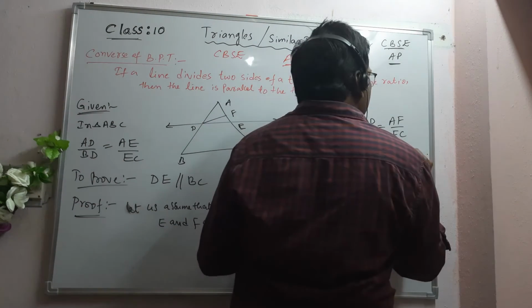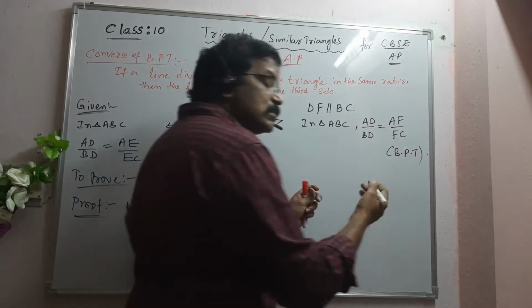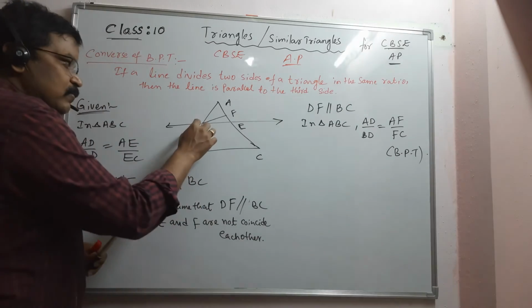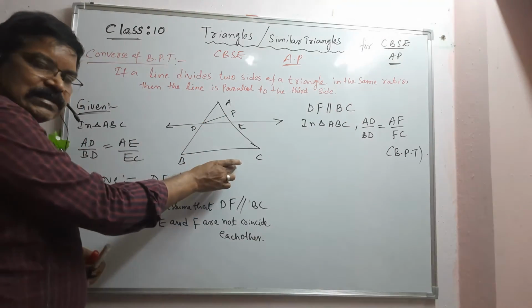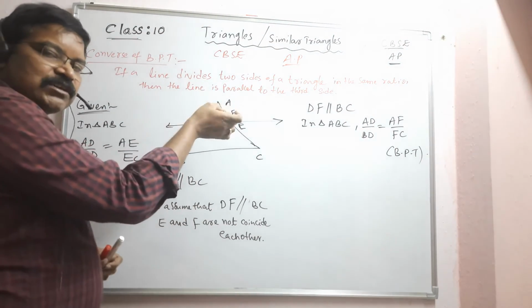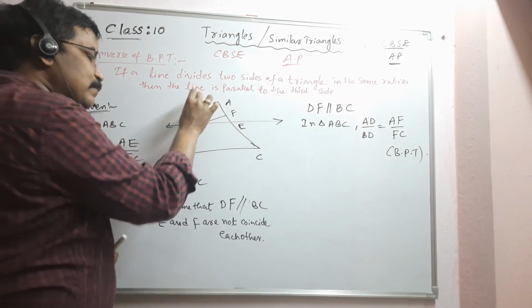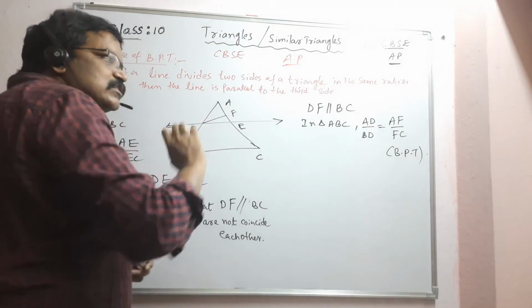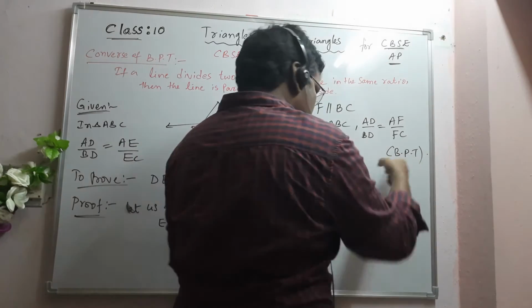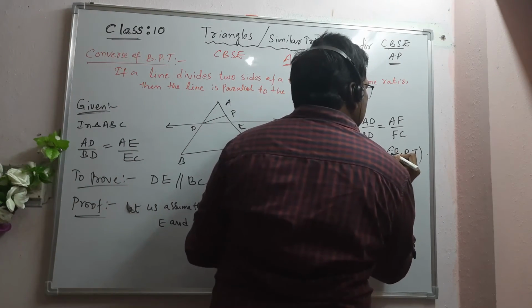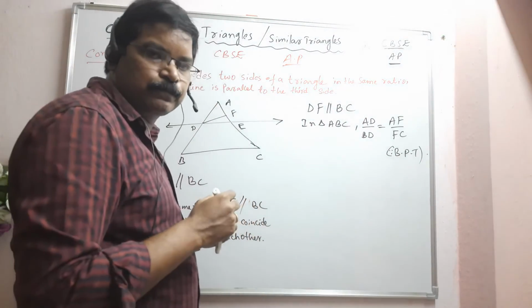According to basic proportionality theorem, whenever this DF is parallel to BC, then this line divides the other two sides in the same ratio. That means AD by BD is equal to AF by FC.